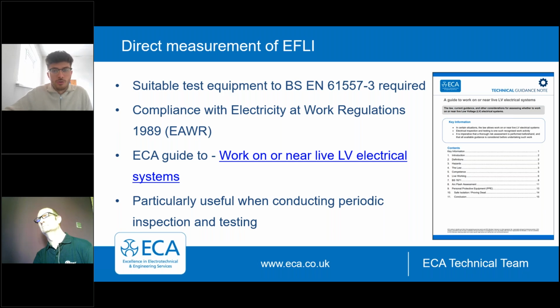So you're going to need to ensure that you are achieving compliance with the Electricity at Work Regulations. For you to be carrying out this live testing, it needs to be reasonable to carry out such works. You need to be employing suitable precautions to prevent injury. Realistically, if you can do it via a dead method, that may be a safer and more preferred option. But where it's required to carry out live testing, you need to ensure you are achieving compliance with the Electricity at Work Regulations.